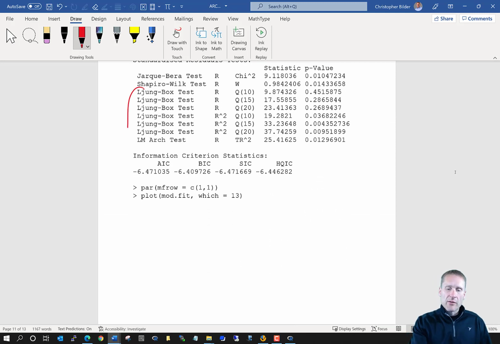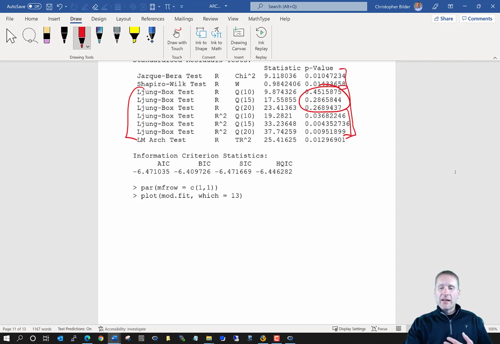With respect to the Ljung-Box tests with the residuals, notice what we get here. For just the regular residuals, everything's okay, but for the squared residuals, hey, there might be some significant values out there. That's kind of interesting. Also, what's interesting is that the authors do not choose to explore this further.